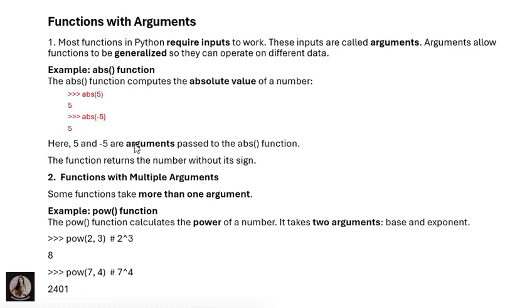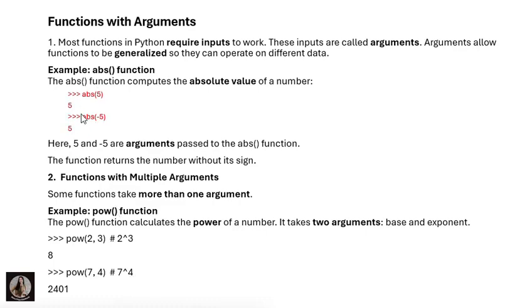Here 5 and minus 5 are the arguments, which is the input, passed to the absolute function. The function returns the number without its sign. Here 5 and minus 5 return the value without the minus sign.